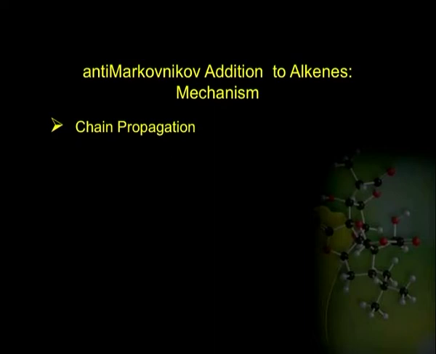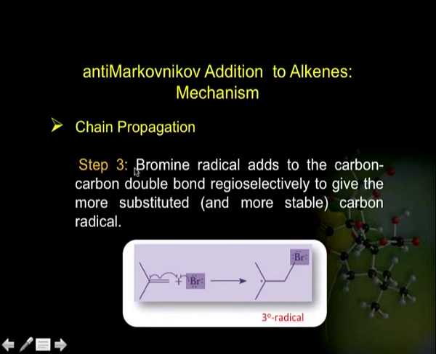So, chain propagation is the second process of this mechanism, where the third step of the reaction takes place. Bromine radical adds to the carbon-carbon double bond regioselectively to give the more substituted and more stable carbon radical.